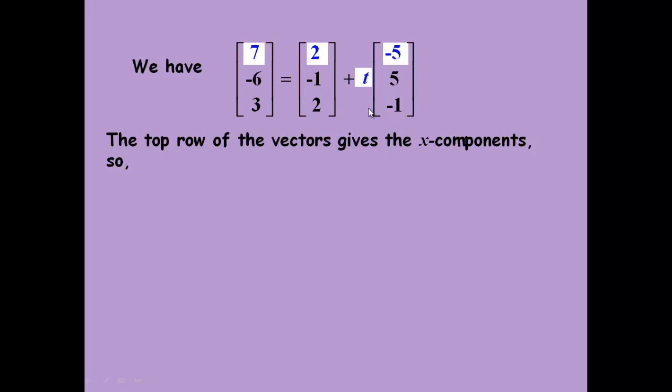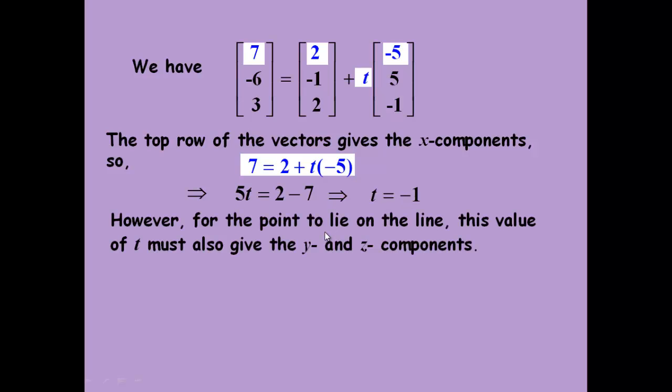So we need 2 plus -5t to equal 7. So t has to be -1, and we can see here how we can work it out. This t value now must give us these points here. If it doesn't, then the point won't be on the line. So we need to check those points next.